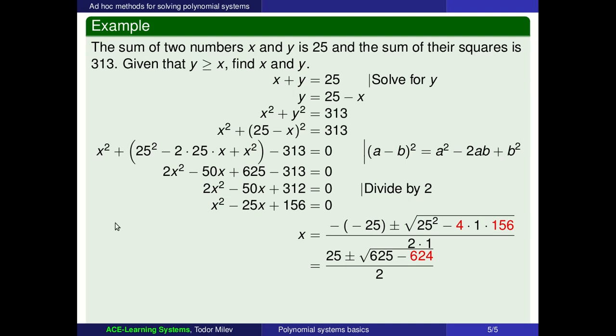Once again, 4 times 156 is equal to 4 times 150 plus 4 times 6. 4 times 15 is 60, so that equals 600, and 4 times 6 is 24, so altogether we get 624.